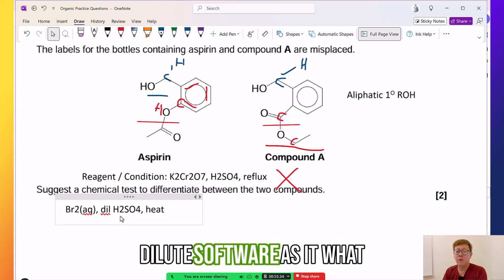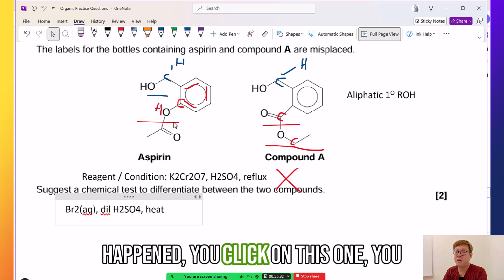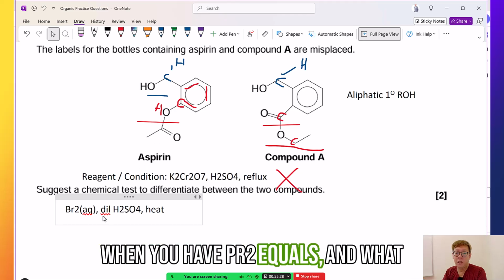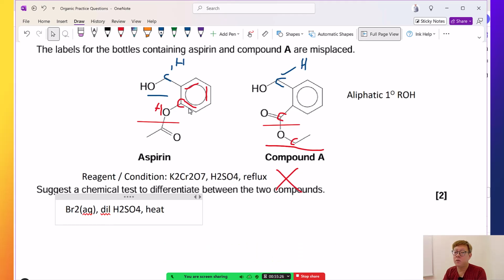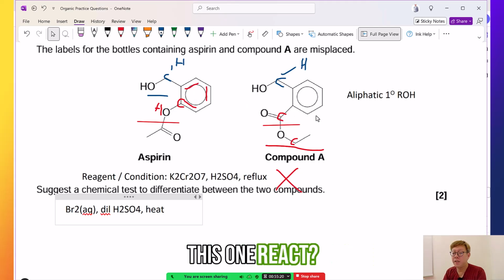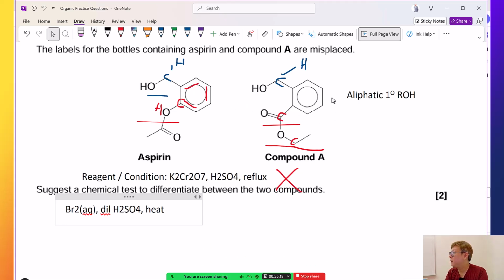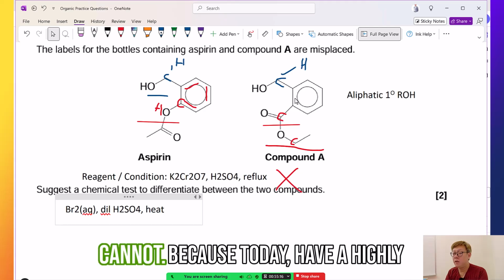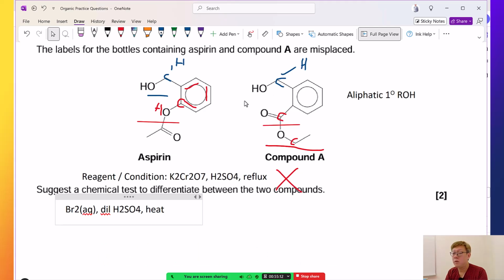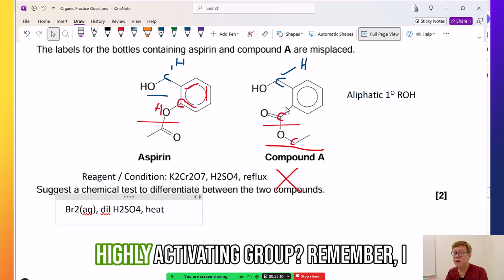Now, when you use dilute sulfuric acid, what happens? You cleave off this bond, you cleave off this bond, right? And when you have Br2 aqueous, what will you do? Electrophilic substitution. Can see? This one can react, but can this one react? Cannot. Because do they have a highly activating group? No. How do you know whether you have a highly activating group?